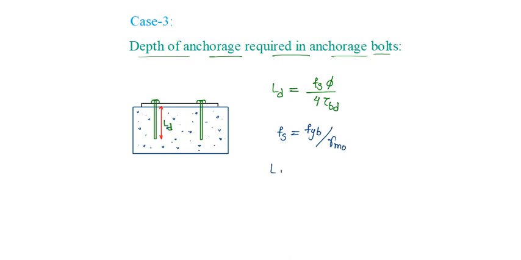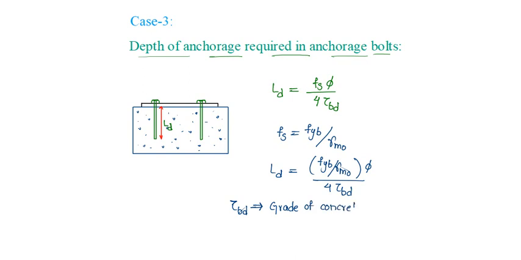So LD will be equal to development length or anchorage length, which is equal to fyb by gamma m0 into diameter of bolt by 4 times tau bd, where tau bd depends on grade of concrete, whereas this is our base plate.